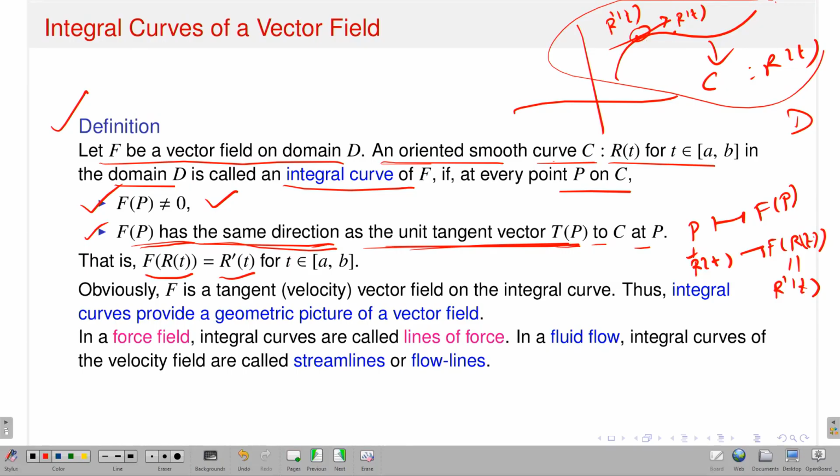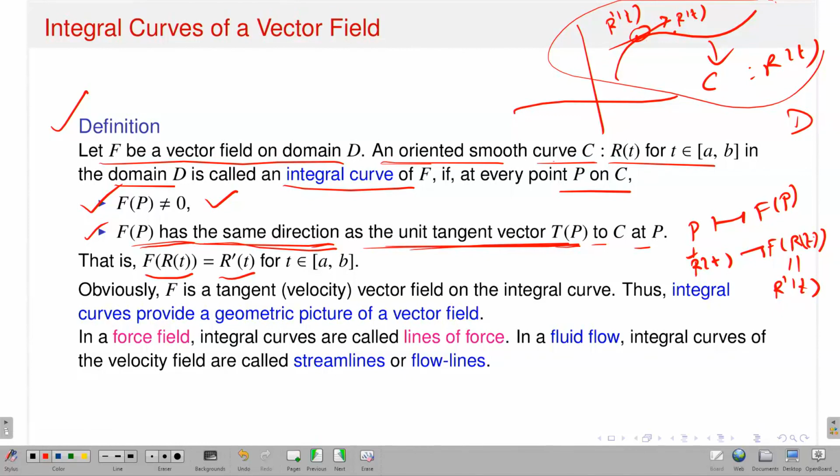I will say that it is an integral curve of my vector field capital F if, for each point P in C, that means a point R(t) in C, first, F of R(t) is non-zero, and second, the vector I associate at that point of your curve via the vector field capital F is nothing but R prime of t. So, at each point R(t) in your curve, I am associating the vector R prime of t, and that is nothing but capital F of P or capital F of R of t.